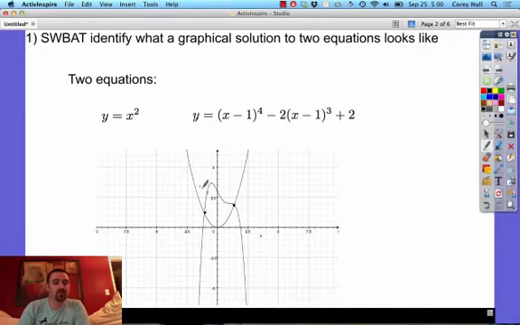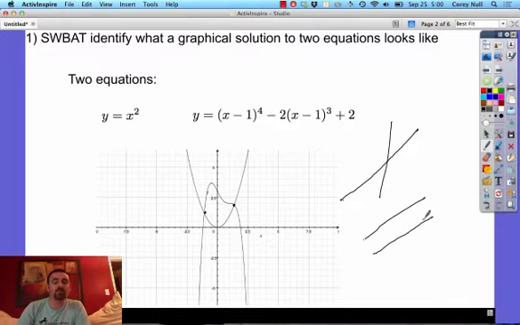The intersection between these occurs in two places, but between any two lines, they either have one solution, no solutions, or infinitely many solutions.